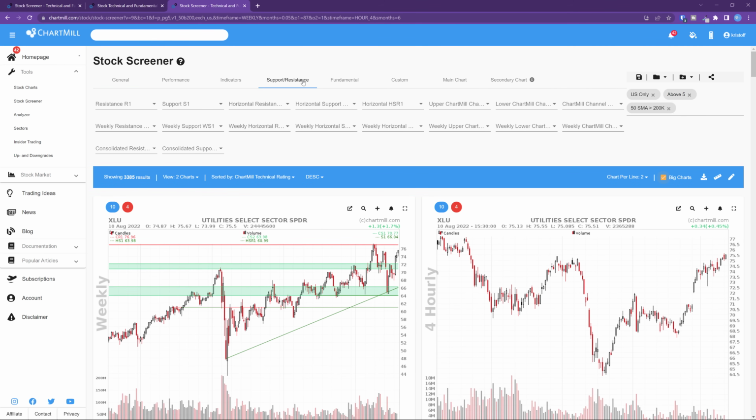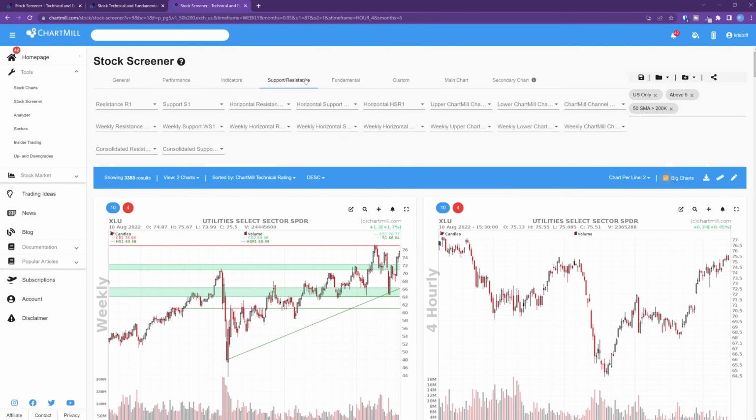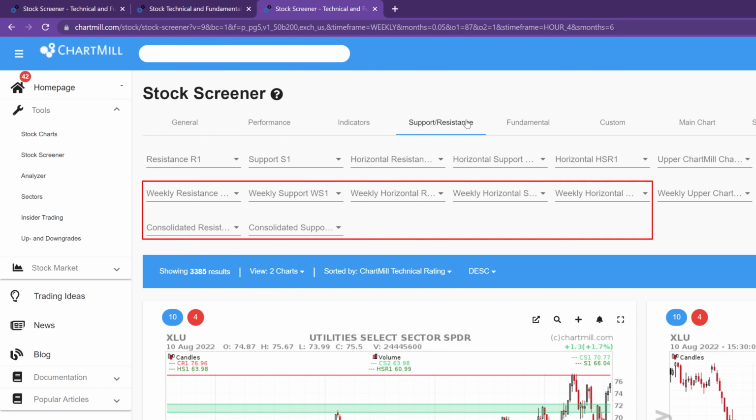Select the Support and Resistance tab. In this section you will find all the filters you can use to find stocks that are close to specific support and resistance levels, which are automatically recognized by ChartMill. There are quite a few options available on this page for ChartMill to look for specific support and resistance levels, but for this video we're mainly going to look for the support and resistance levels on the weekly time frame.